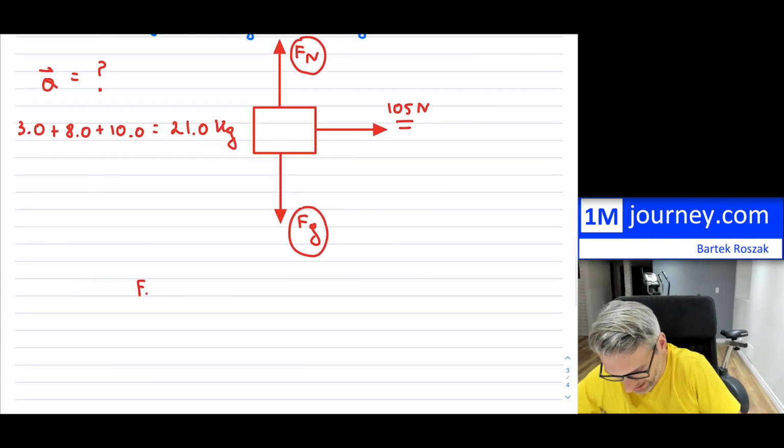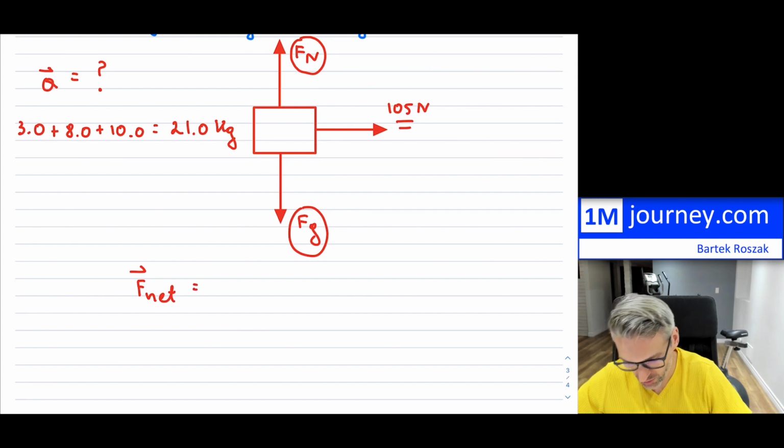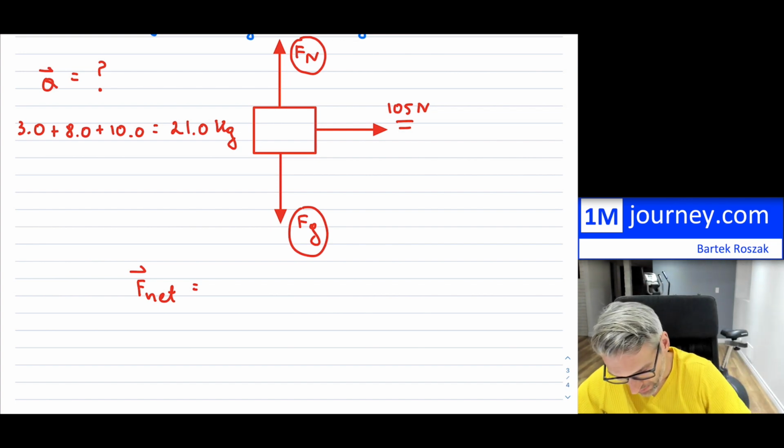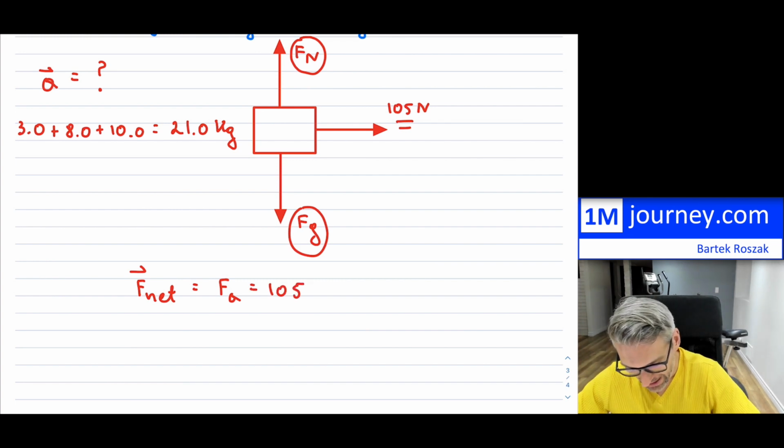It means that my net force, so this is from Newton's second law, is equal to the summation of all of the forces. So my y forces have canceled, the force of gravity and the normal force, but in the x, or in the horizontal direction, I have that applied force, which is equal to 105 newtons to the right, and this is equal to, by Newton's second law, mass multiplied by the acceleration.